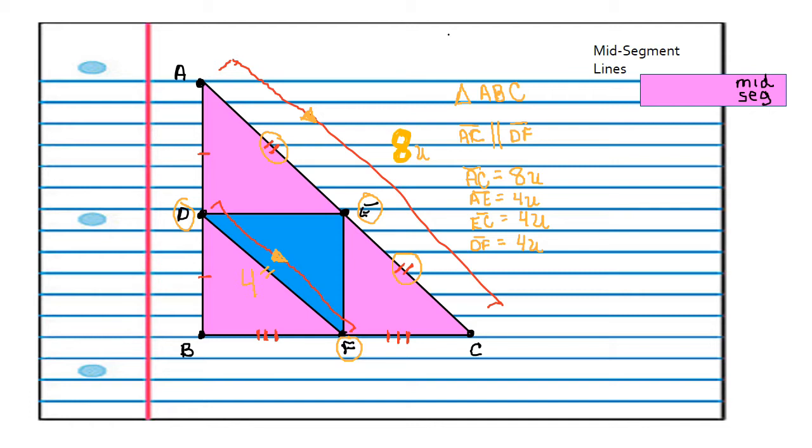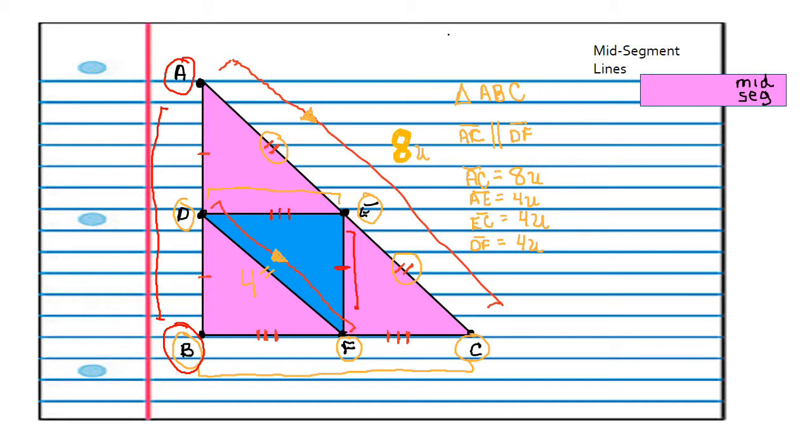BC is going to be twice as much as the parallel line D to E. And A to B is going to be twice as much and parallel to E to F. So therefore, it's going to be congruent to those segments, and so forth as you go around here.